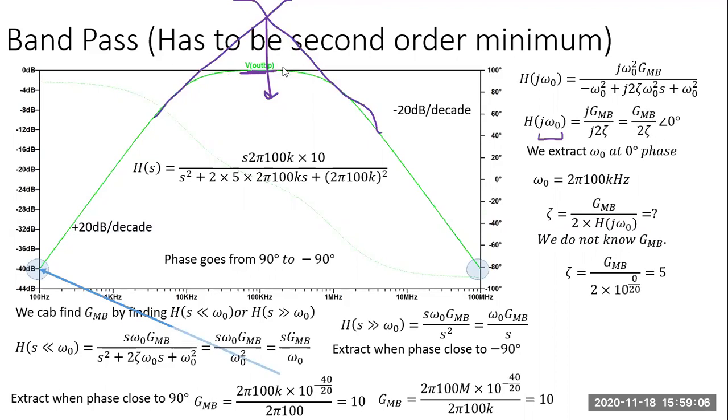It's not like the AC gain or the DC gain where you can just read it from there. So you end up having to come way out here, when s is either a lot less than omega naught or a lot bigger than omega naught.